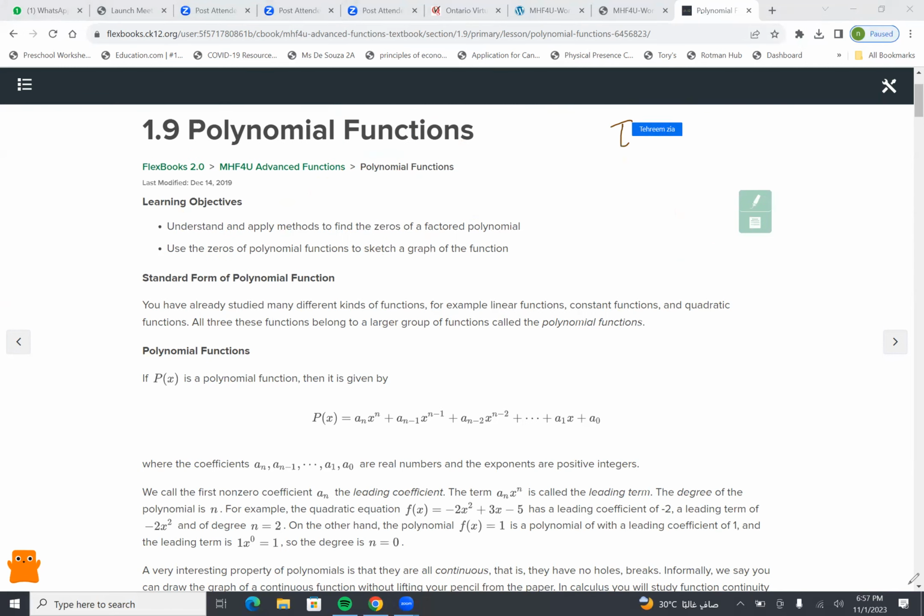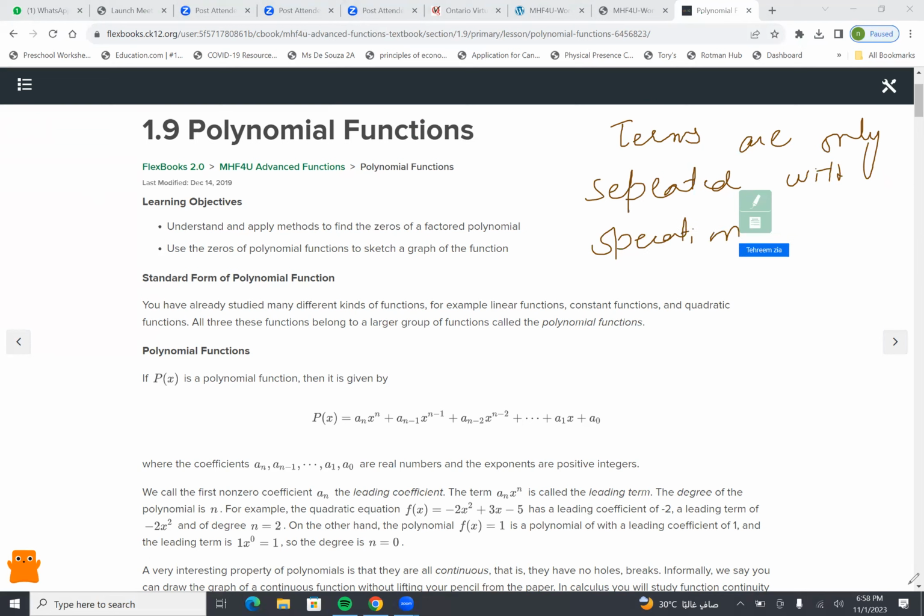What I'm going to tell you is that terms are only separated with the operations of addition and subtraction. I said x, how many terms? 1.